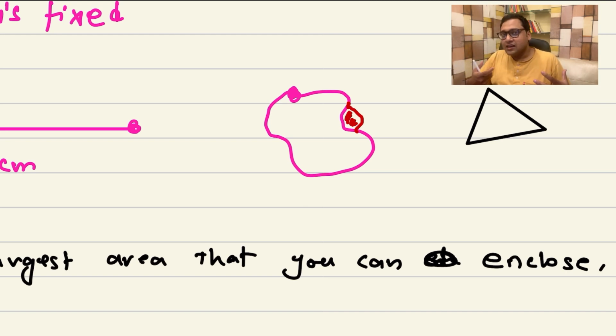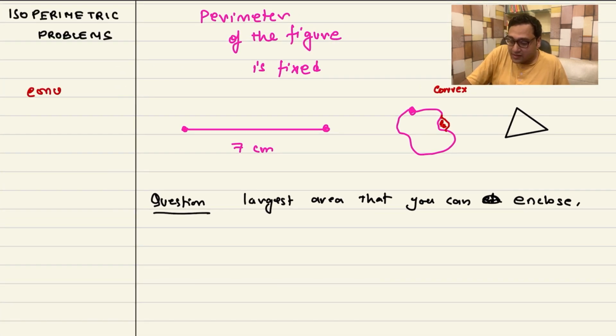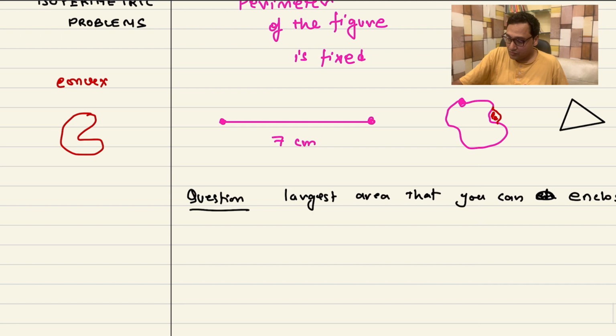So first of all, it has to be a convex figure. Convex means, what is convex? So I'll tell you a little bit about that. Convex means, this is not convex. This particular figure is not convex. What is the definition? The definition is that if you have 2 points in the figure, if you join them by a straight line, that straight line segment should be entirely inside this figure, which is not in this particular case.